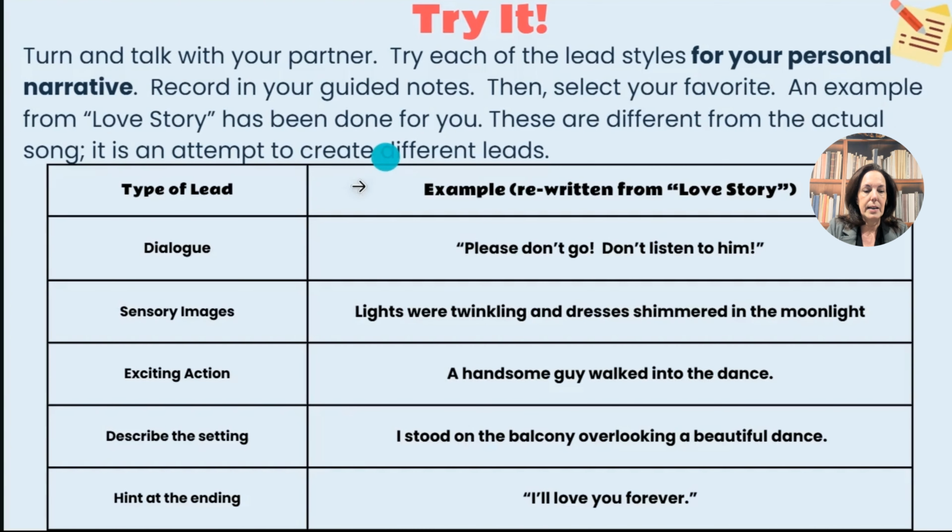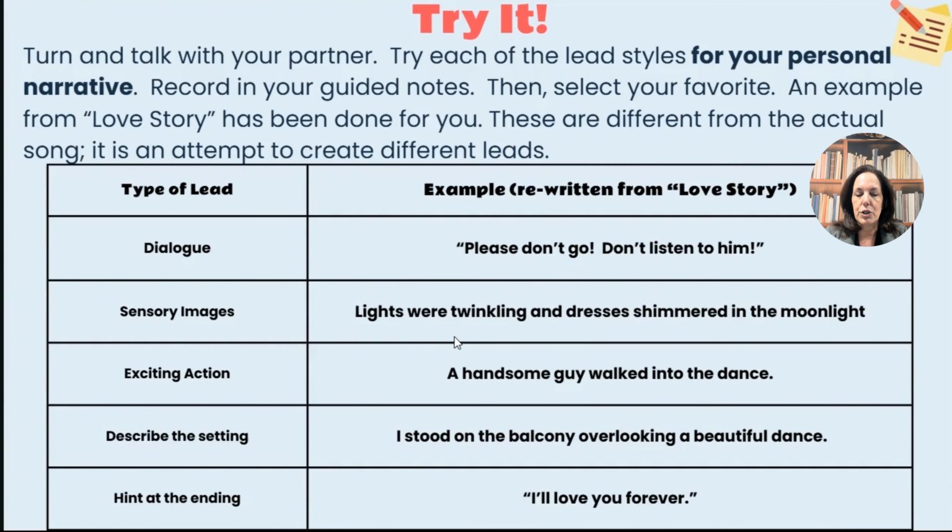The type of lead, dialogue. I wrote, please don't go, don't listen to him. Now, P.S., far be it from me to rewrite Taylor Swift's song. I'm just doing this as an example so you'll know how to adjust the lead of your story. To do Love Story using sensory images, I wrote, lights were twinkling and dresses shimmered in the moonlight.